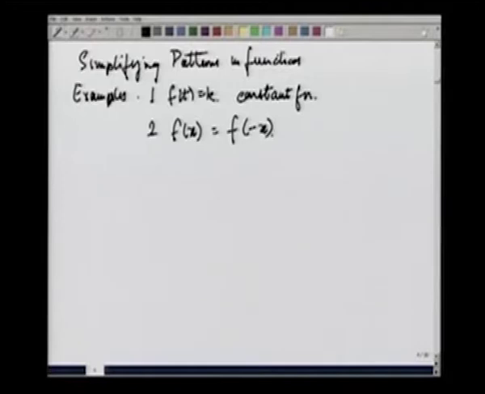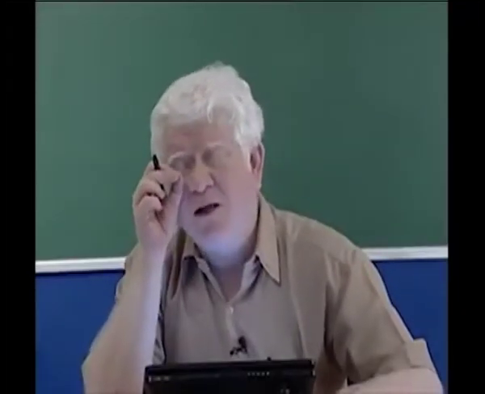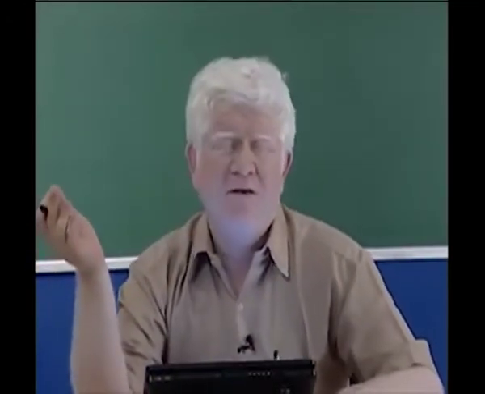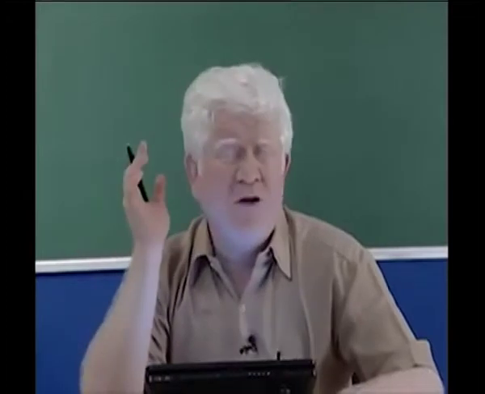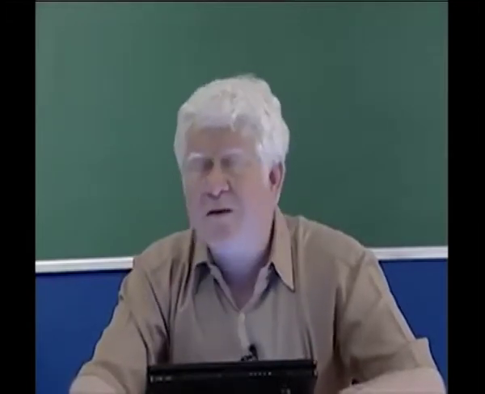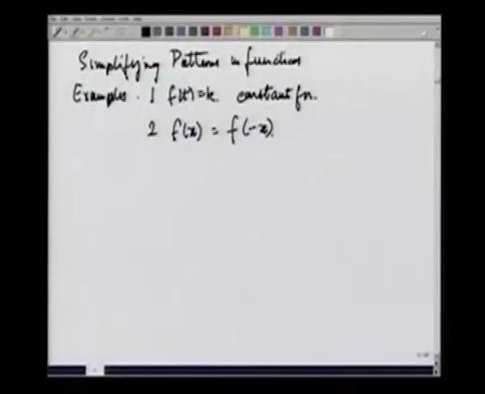If you knew f of x for one particular value of x, then you knew f of x for all values of x. There was no room for variation, there was no room for manipulation or change. Whereas now, with the second example, f of x equals f of minus x, we have a slightly looser definition of a pattern. So, lots of signals can satisfy this pattern.